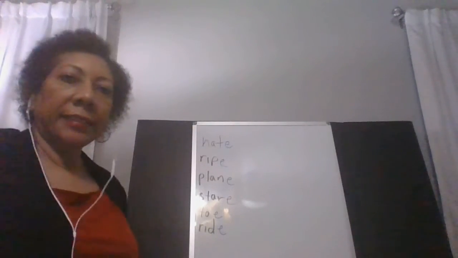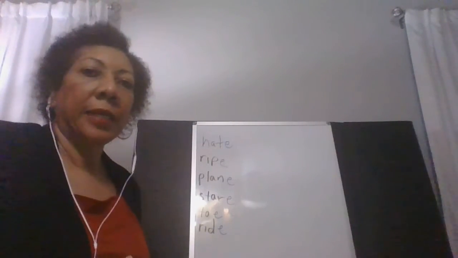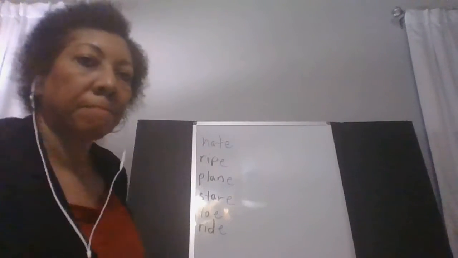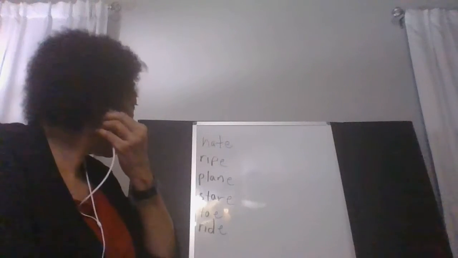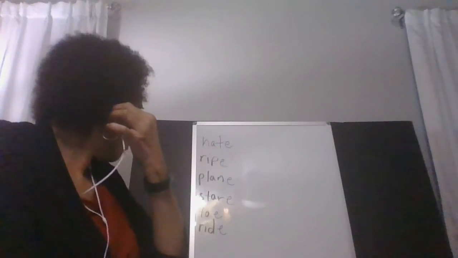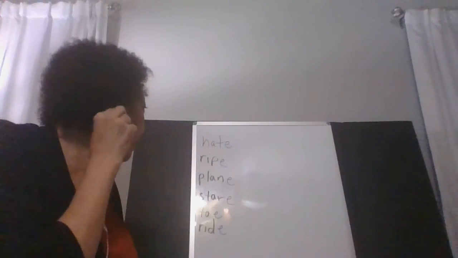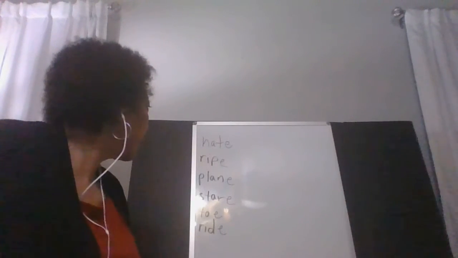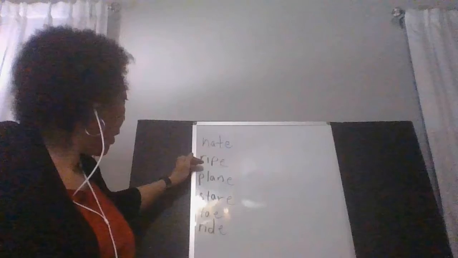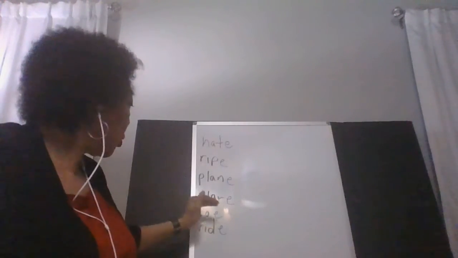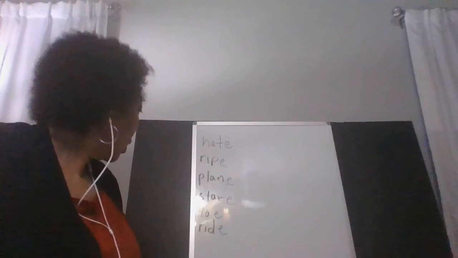We're going to take a minute and pronounce our silent E words. The word hat becomes hate. Rip becomes ripe. Plan is plane. Star is stare.